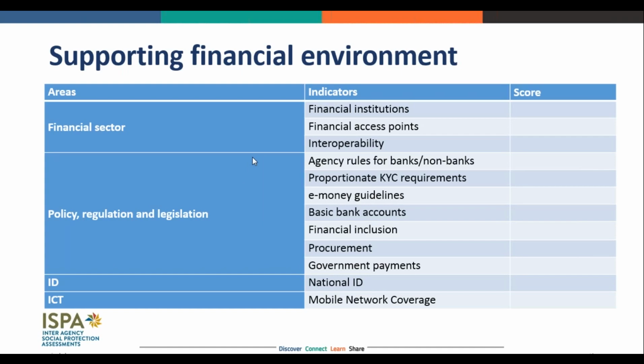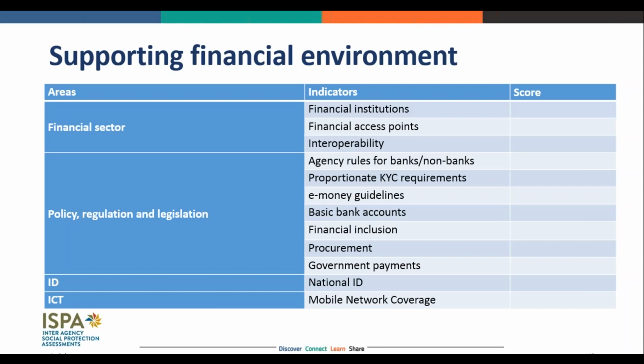The first area is really looking at the financial sector, which is made up of financial institutions, trying to assess the number and variety of financial institutions, the level of competition, the number of suitable products for the poorest, and therefore the choice of payment service providers that might be available to a particular social protection program.